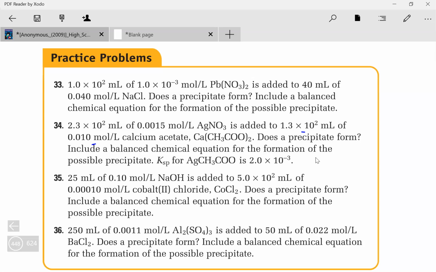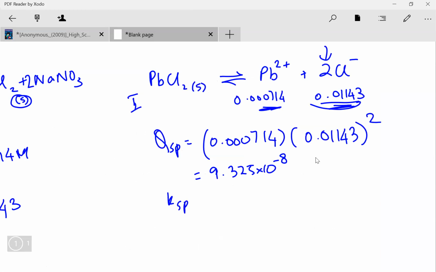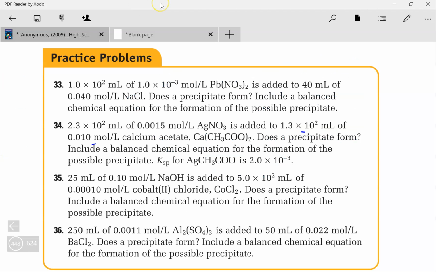Interesting. I do not know the KSP for lead chloride. I am stuck. I don't see it anywhere here. I also don't see it at the back of the textbook. So you're at an impasse, it seems. I feel like we've done a lead chloride question somewhere before, but we're just going to leave this blank.